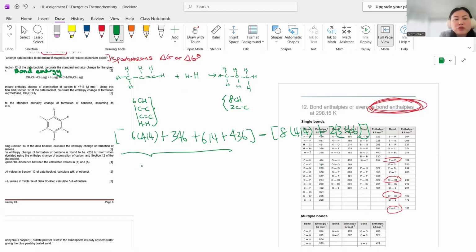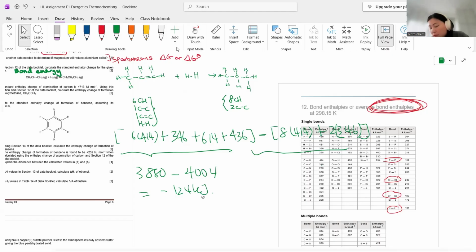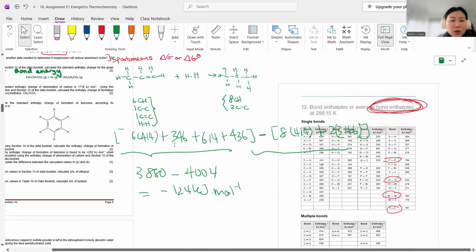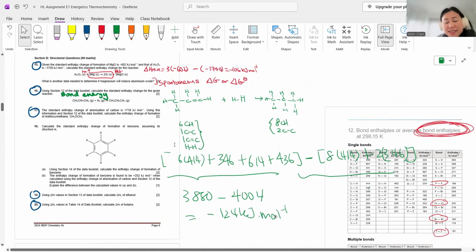So here I have 3880 and here I have 4004. Then you calculate 3880 minus 4004, you'll get negative 124 kilojoules. So the enthalpy change of this reaction is negative 124 kilojoules per mole for question 16.